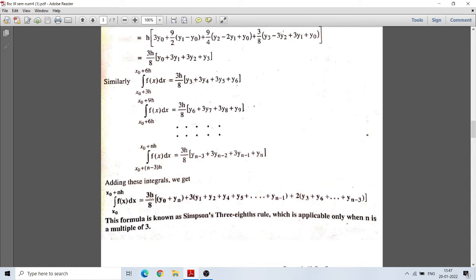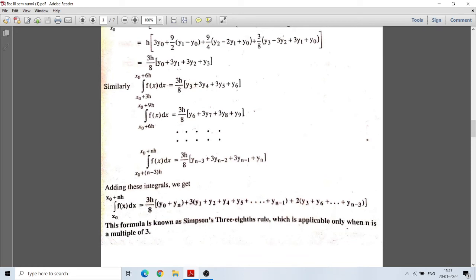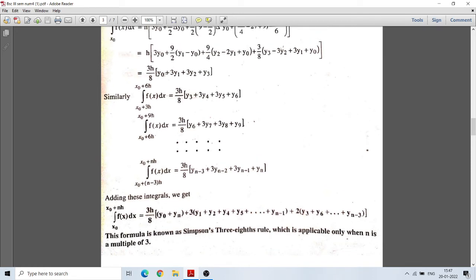For the remaining terms, write y0 plus yn. Here y0 is the first term; you write this y0 together with yn. The remaining: here 3y1 is there, 3y2, 3y4, 3y5, 3y7, 3y8, 3yn minus 2, 3yn minus 3.